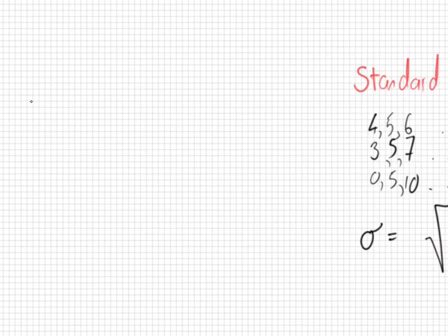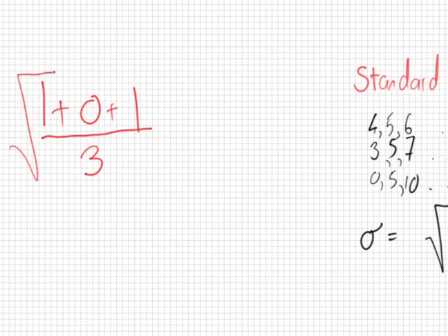Then you square it, and that's 1. And then 5 minus 5? 0, and you square it, 0. And then 5 minus 6, minus 1, you square it, 1. You add them all up and divide by 3, because you have 3 numbers, and you take the square root.